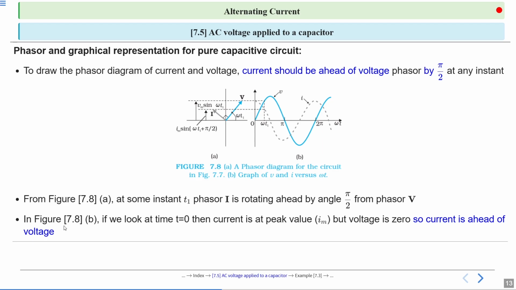In figure 7.8b, at time t equal to 0, current is at peak value Im, but voltage is 0. So current is ahead of voltage. Voltage reaches its maximum value after a pi by 2 interval, or cycle. That's why current is leading.